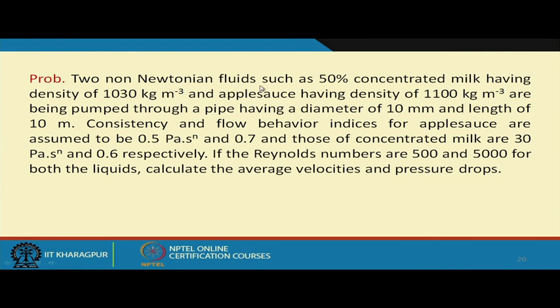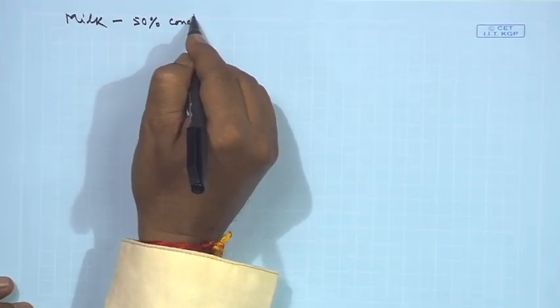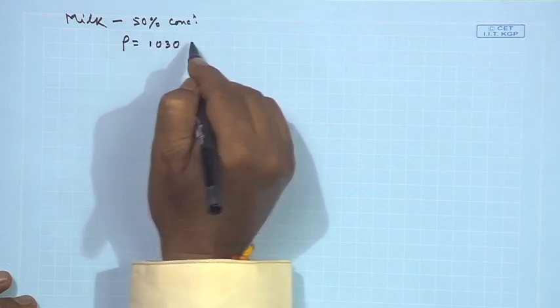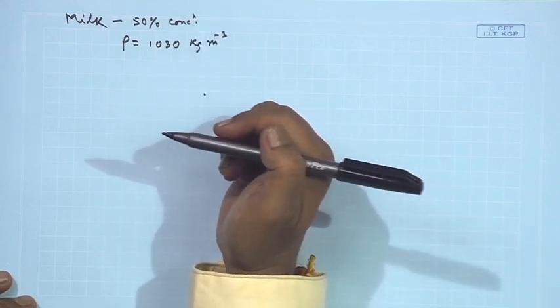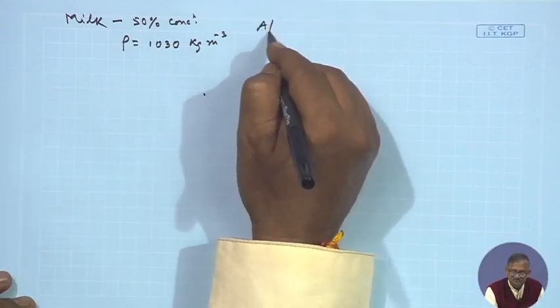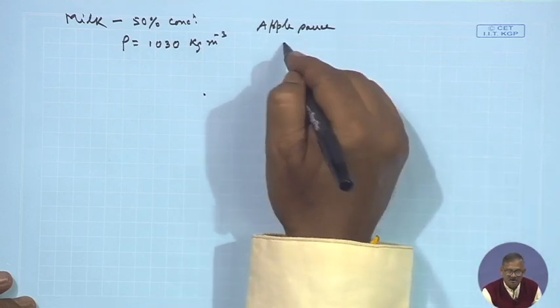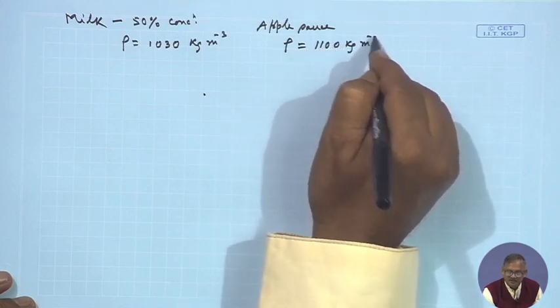For that we read the problem: two non-Newtonian fluids such as 50% concentrated milk, having a density of rho equals 1030 kg per meter cube, and applesauce having a density of 1100 kg per meter cube.